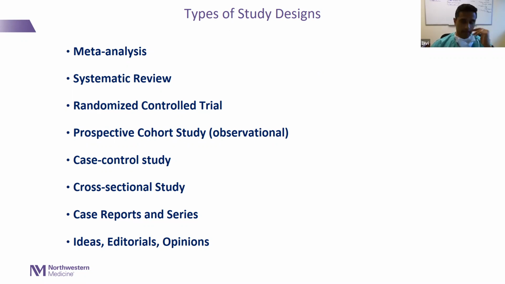A cross-sectional study is a study where you observe a cohort at one point in time and determine the current incidence of the problem. A case control study is looking at patients who have one outcome versus those who do not.